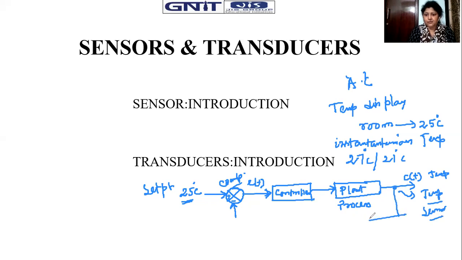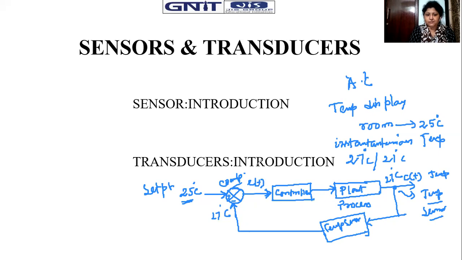The temperature sensor senses what the instantaneous temperature is now. Suppose now it is 27 degrees centigrade. That information will be fed to the comparator for comparison purposes, and that will be compared with the set value, and a signal will be generated.